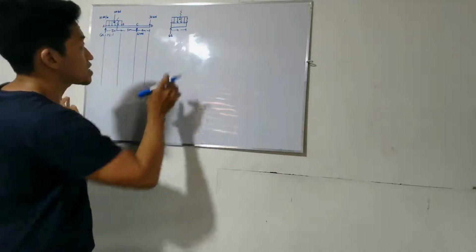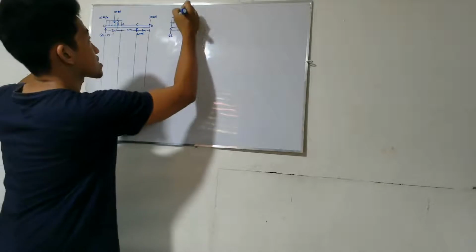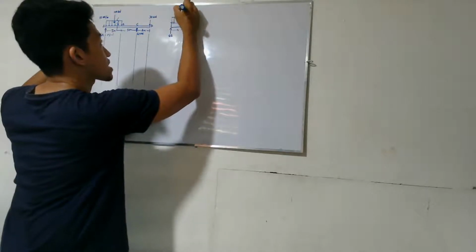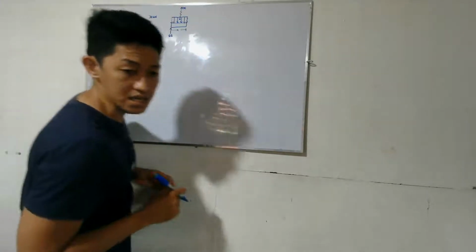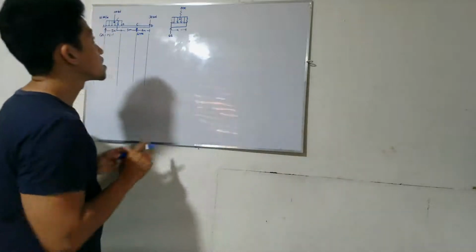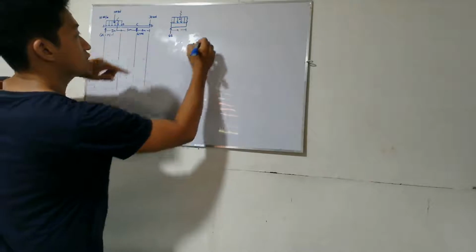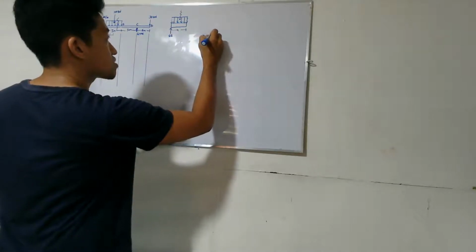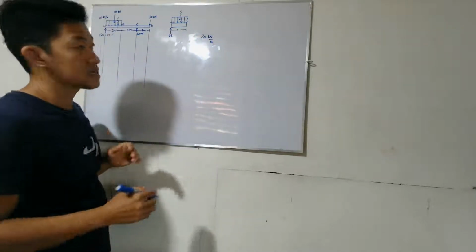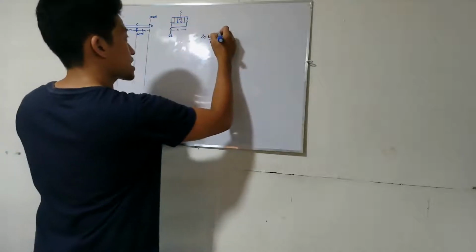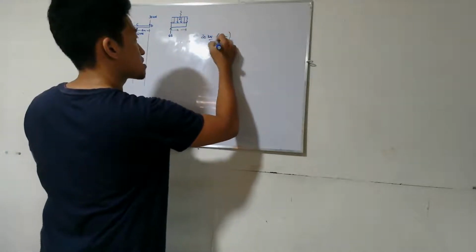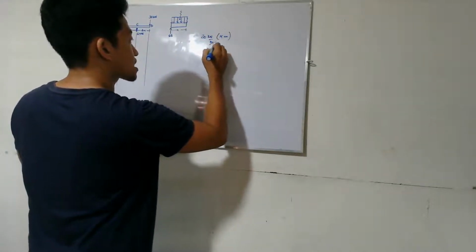Total na nga load is 20 times x. So, 20x. Makuha na to 20 kilonewton per meter. Nya. Ang length niya kay x meter man. Cancel ni. 20x na lang.